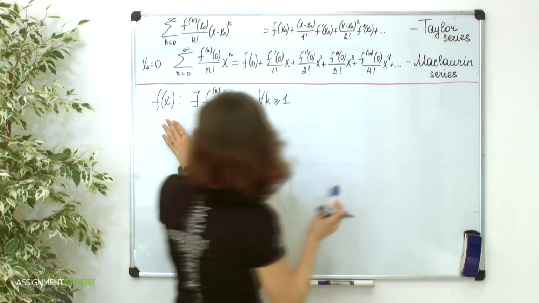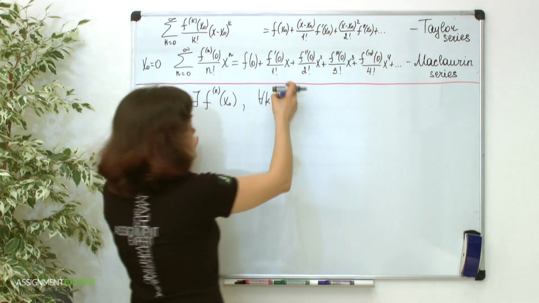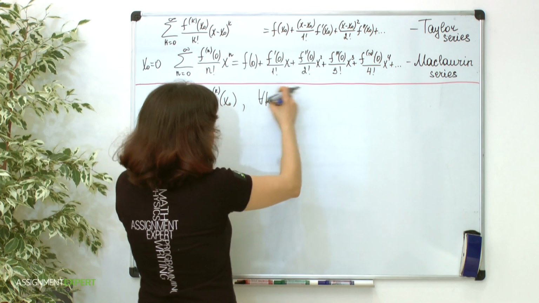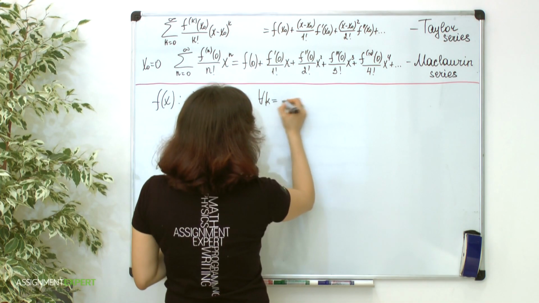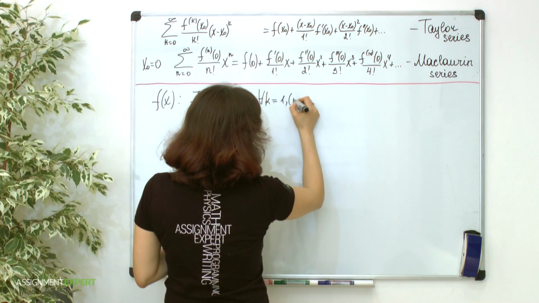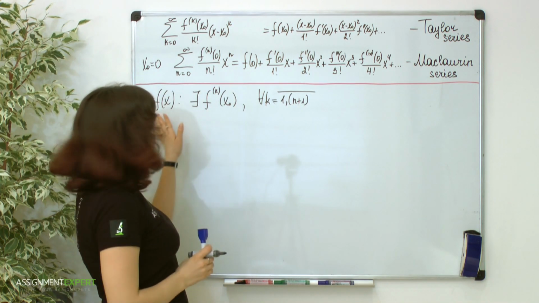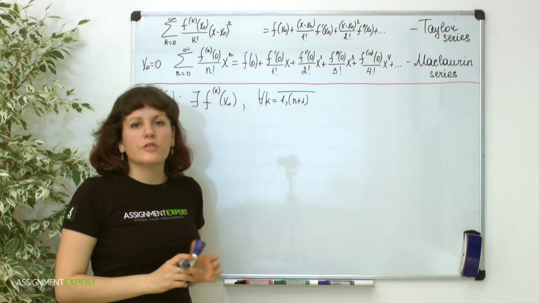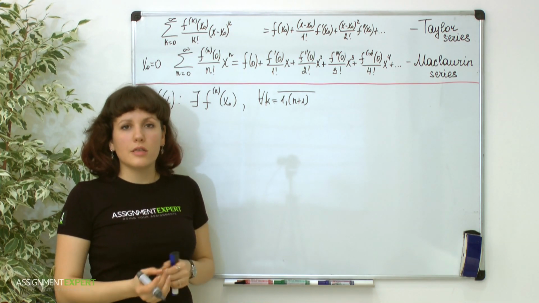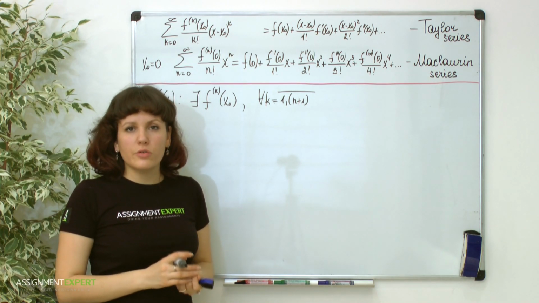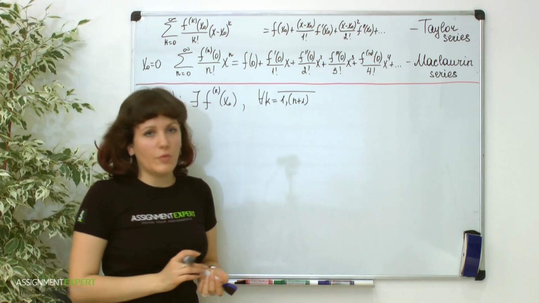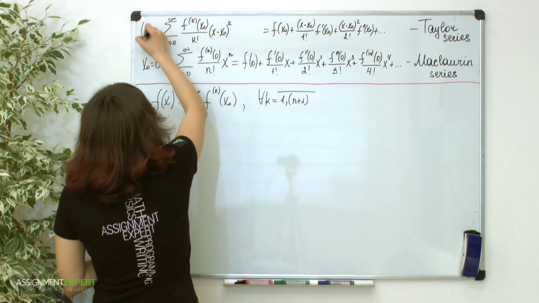Let our function f of x have n plus 1 derivatives in the vicinity of point x0. Then, if this function can be expanded into series due to powers x minus x0, then this expansion is unique and can be expressed by the following formula.